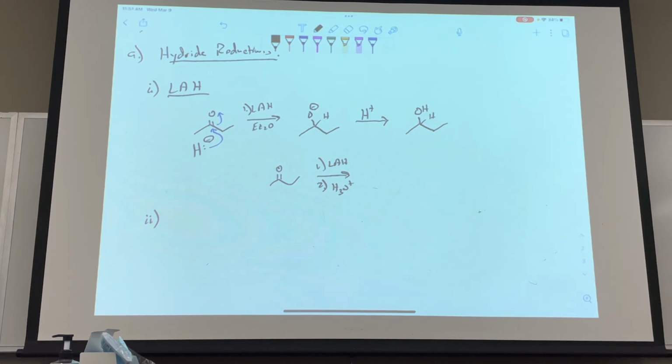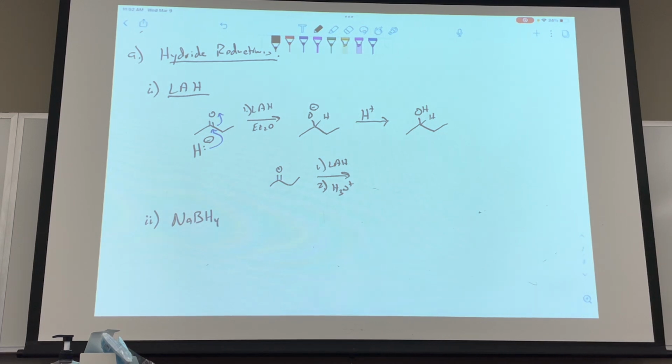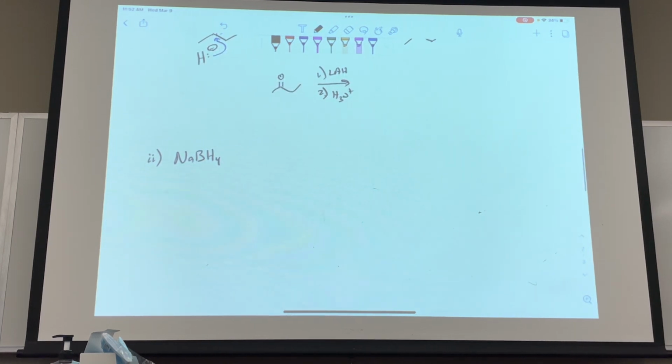Okay, so then with the sodium borohydride, mechanistically it's going to look pretty much the same. So you have the aldehyde or ketone. We can simplify the mechanism by viewing sodium borohydride as just an H minus.